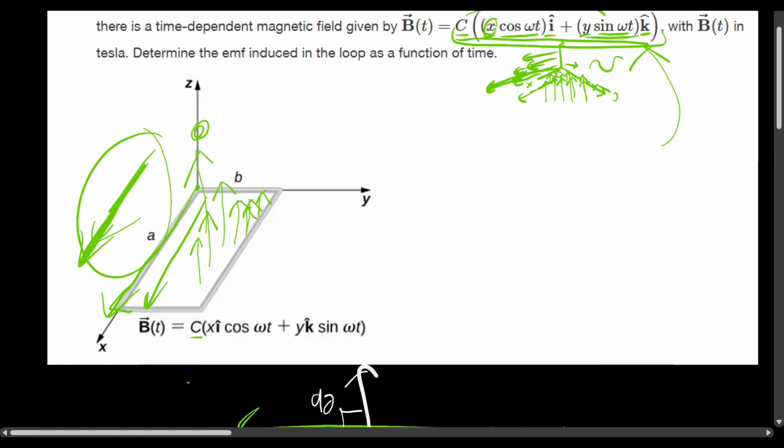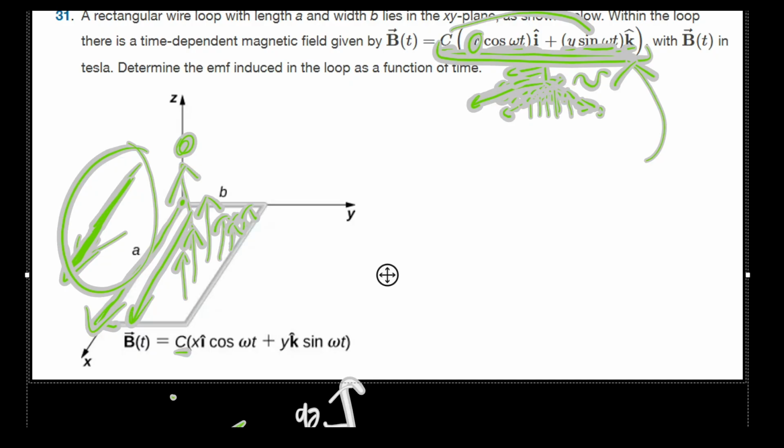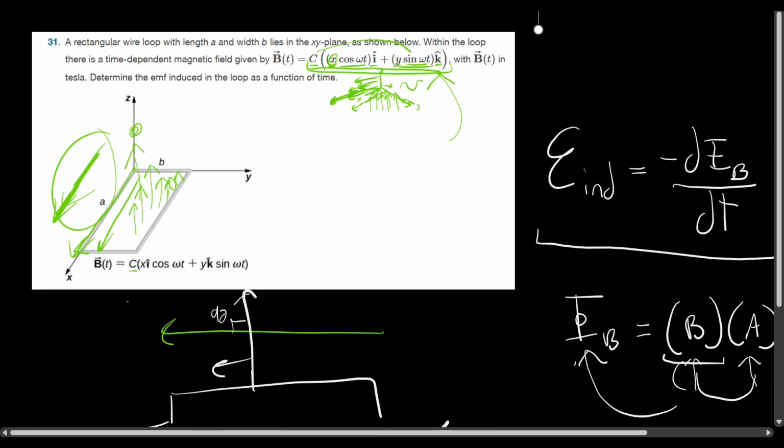So obviously and observationally, you can intuitively come to the conclusion that if a field is going out that way, there is no way for it to go down or up through that loop. So that's the first thing to recognize here, and that's going to make our life a little bit easier.